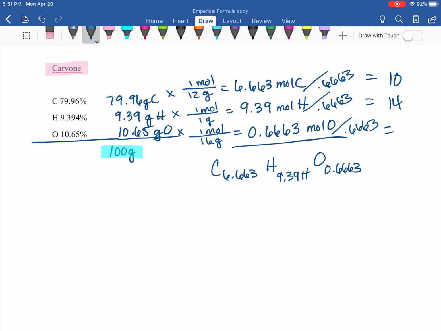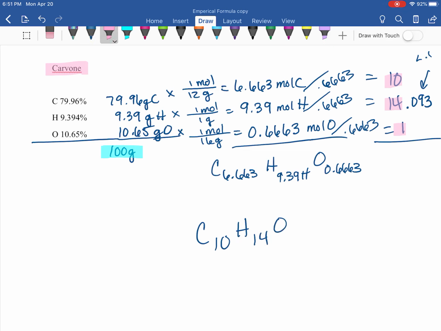Isn't that fun? Okay, 9.39 divided by 0.6663. Whoa, I got 14 for this one, 0.093. And then for that bottom one, I got 1. Okay, now this is less than that 0.1, so it's okay to round that.